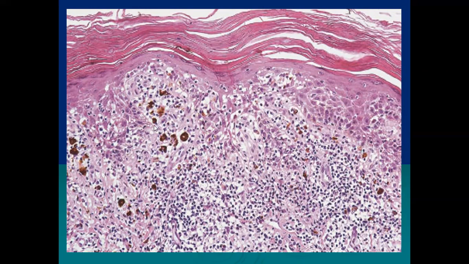Then you notice lots of pigmentary incontinence and band-like or dense lymphohistiocytic infiltrate in the papillary dermis. So all these features are noticeable if you see from top to bottom. So this slide is a mixture of spongiosis and basal cell vacuolar degeneration and lichenoid infiltrate, and this is lichen striatus.